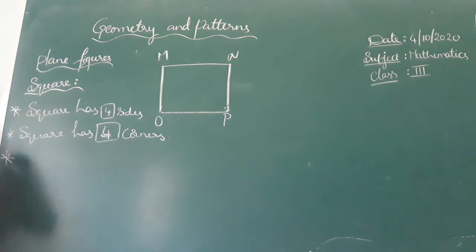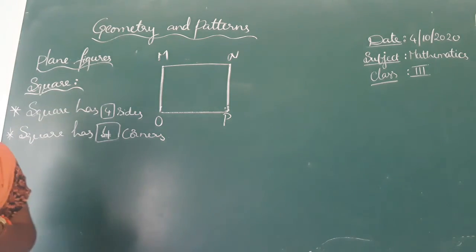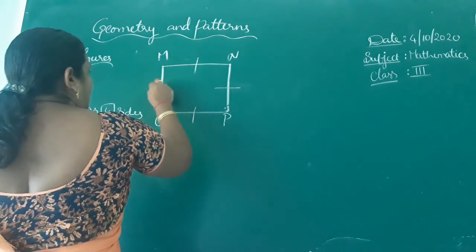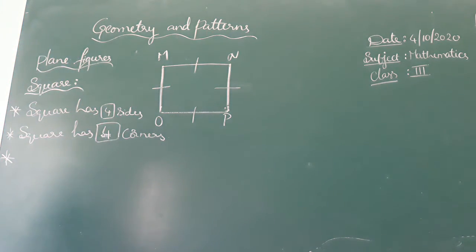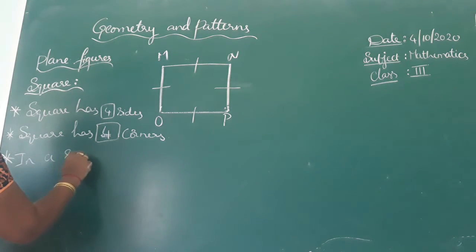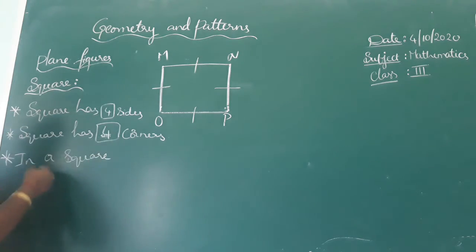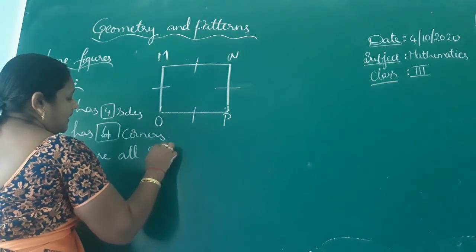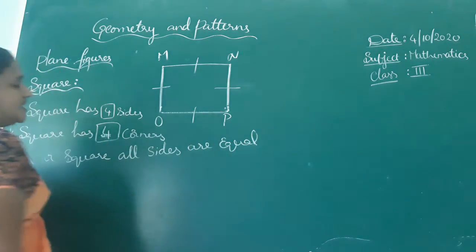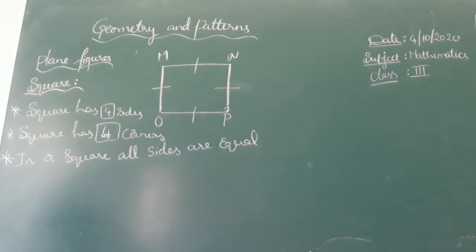In a rectangle, we discussed that opposite sides are equal, but in a square, all sides are equal. That means like a rectangle, opposite sides are equal, and all sides are equal.